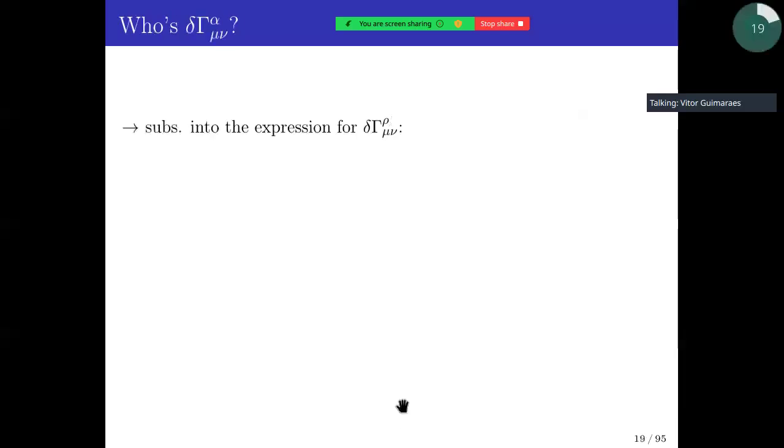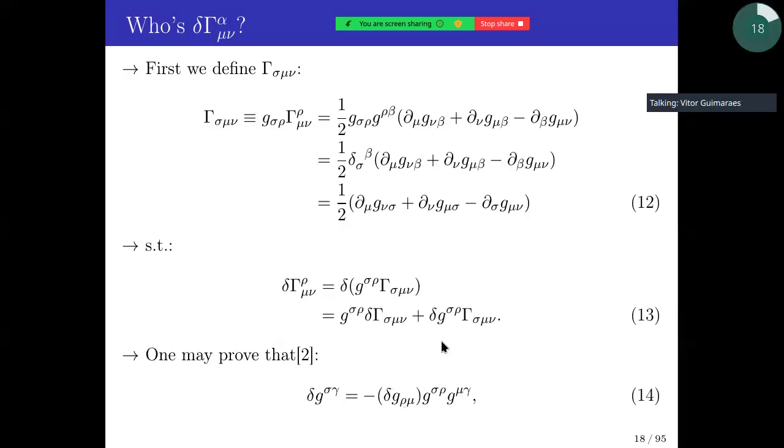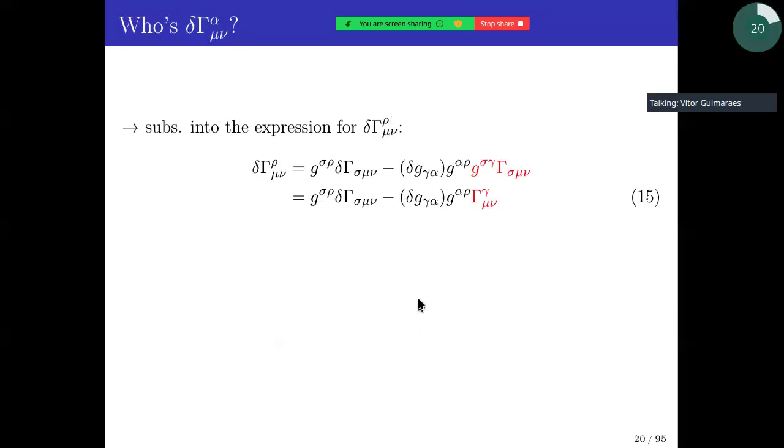So substituting this into the expression, we get this, okay. And we see that this metric here is contracted with this index here, which raises it, right? And we get back the original Christoffel symbol. And then we have this expression, okay?